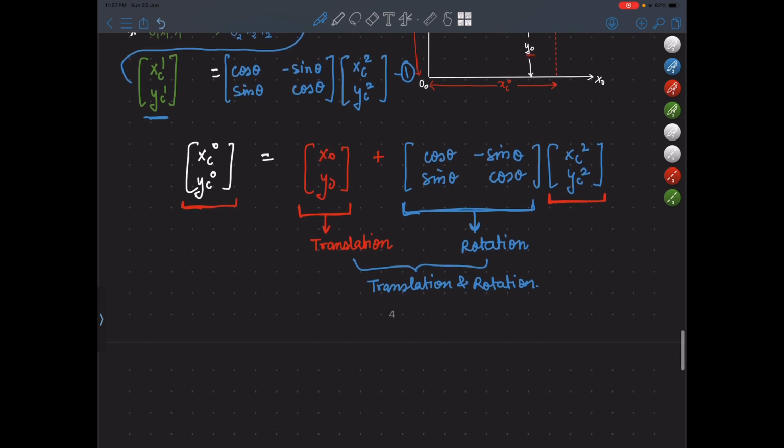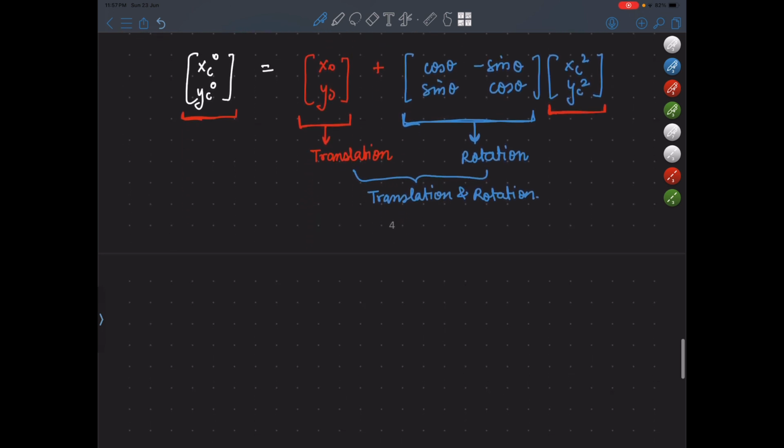Now if you write this formula in the small vector form, you can write it as C naught equals O1 naught plus R1 naught into C2. Oh, sorry, this is not R1 naught, this is R2 with respect to 1. Correct?